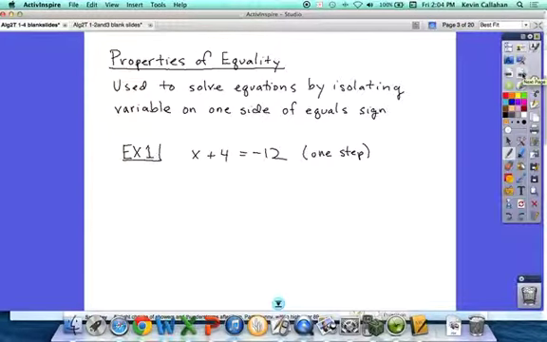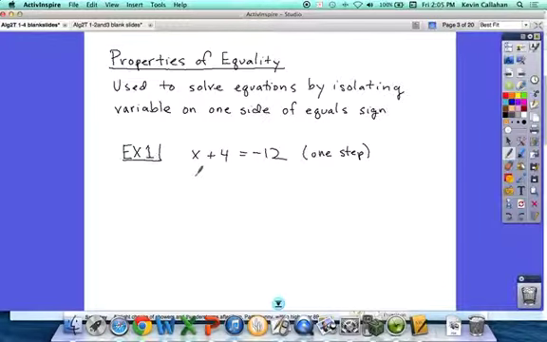Okay, but how do you solve equations? Well, up to this point, you solve equations by isolating the variable on one side, and the answer will be on the other side. How do you isolate? If the variable is not already isolated, if it's not alone, then what are you going to do to make it alone?